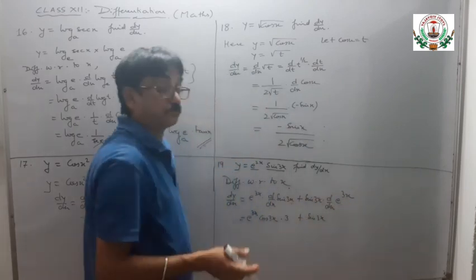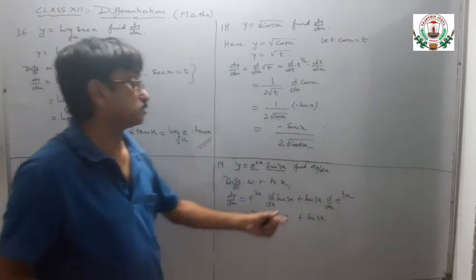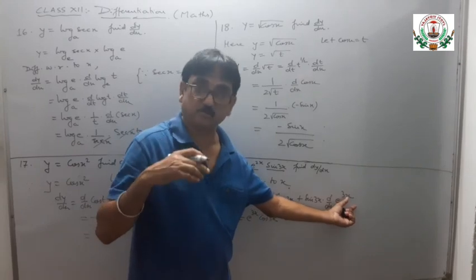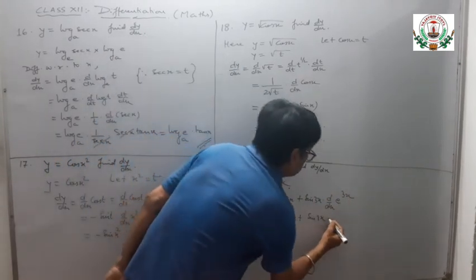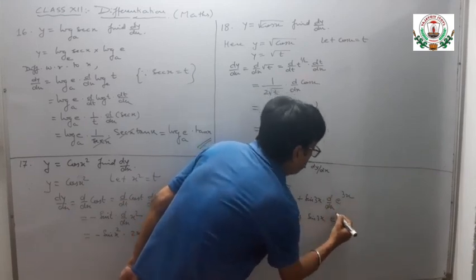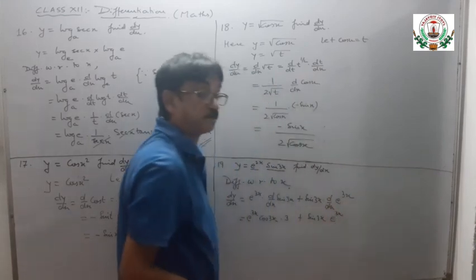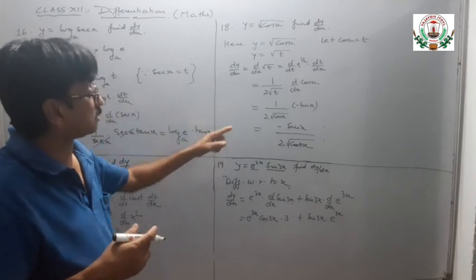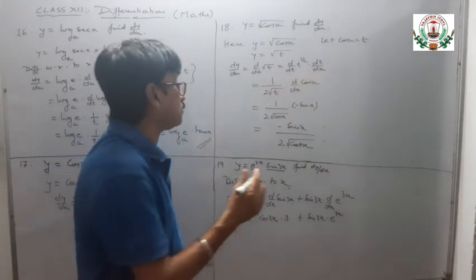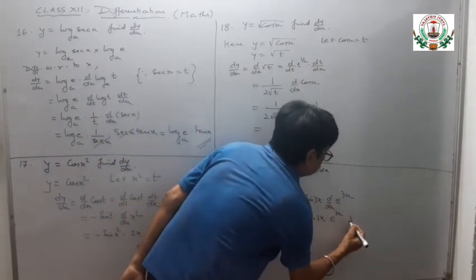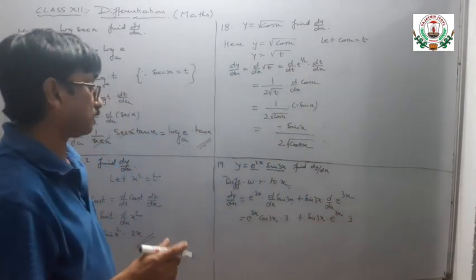Now for d by dx of e to the power 3x, I assume 3x as t, so d by dt of e to the power t will be e to the power t only, and t I have taken as 3x here. For dt by dx, I have to take d by dx of 3x, which will be 3, as d by dx of x is 1.